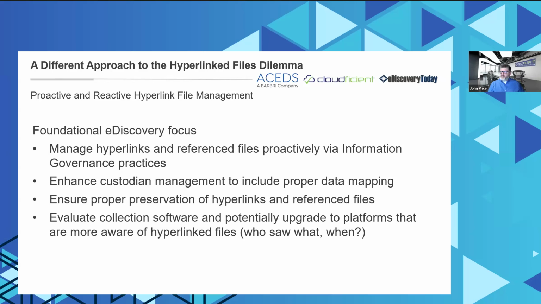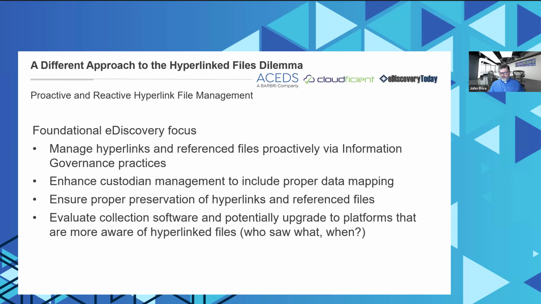Yeah, I think it comes down to a combination of what we talked about earlier, best practices, but also technology, and not just technology around eDiscovery and collection. So technology starting with foundational eDiscovery.